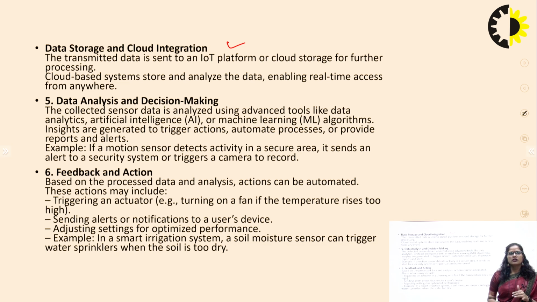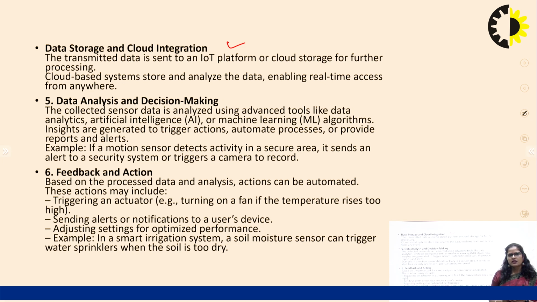So these algorithms and technologies are used to do this. Basically the action is taken by the IoT system automatically, and it provides some reports and alerts, right? For example, if we talk about a motion sensor, it detects activity in a secure area, and it sends an alert to a security system or triggers a camera to record it.